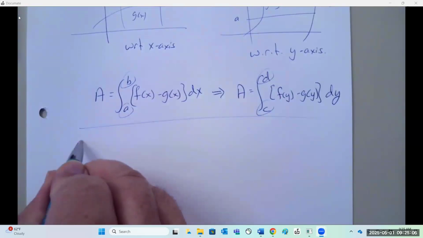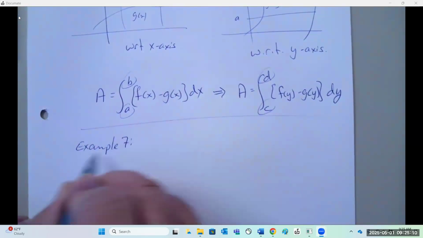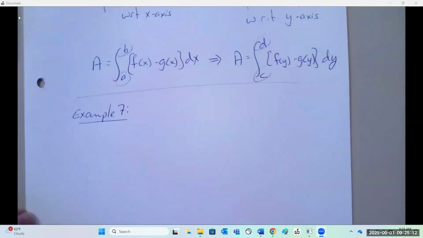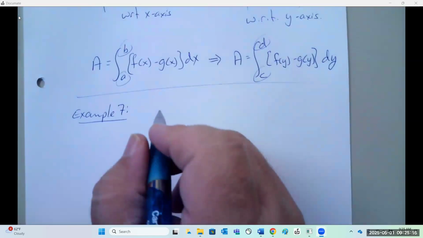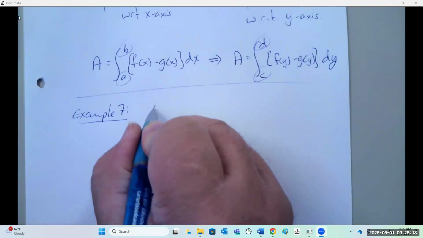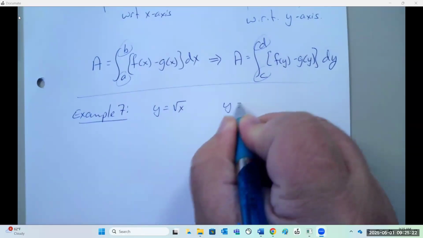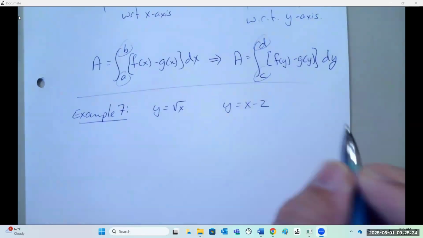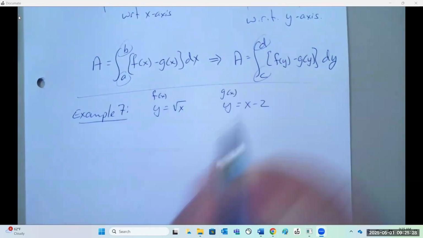So let's look at this one. Example 7. This is what we had in example 6. This is our f of x, and this is our g of x.